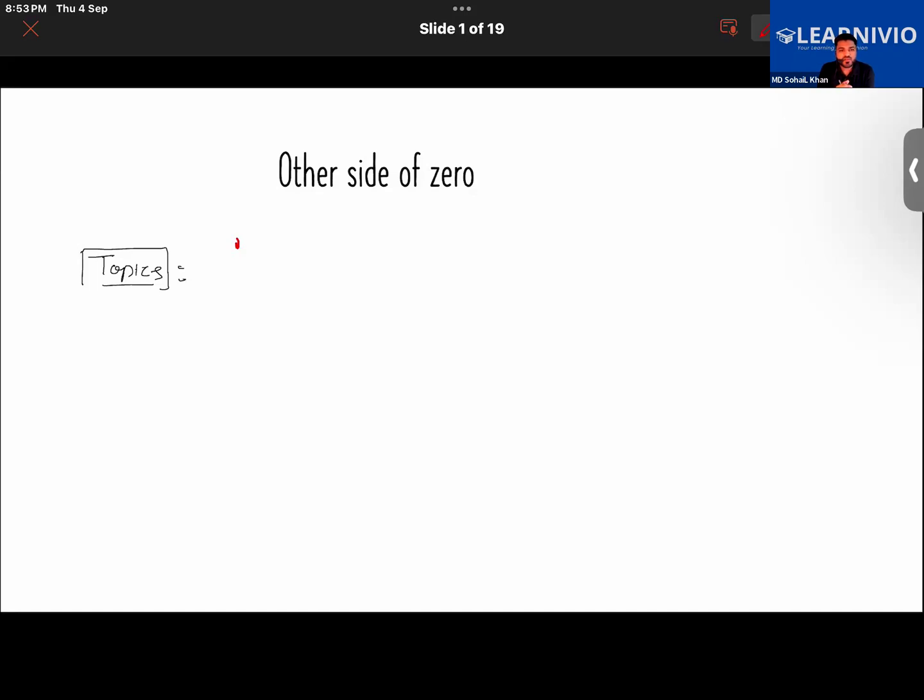Write down the topics, but before that, listen to me also. This is chapter number 10. In this chapter, you will be learning some basic concepts, like zero and different concepts associated with it, and how it is an essential part of our everyday life, from mathematics, from technology, from philosophy and beyond.